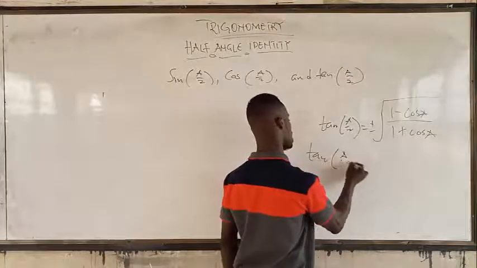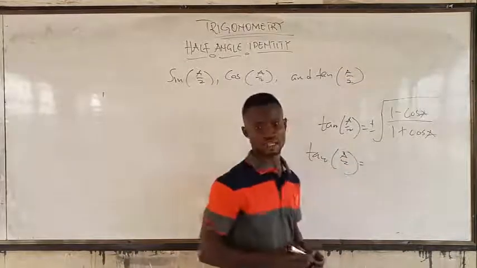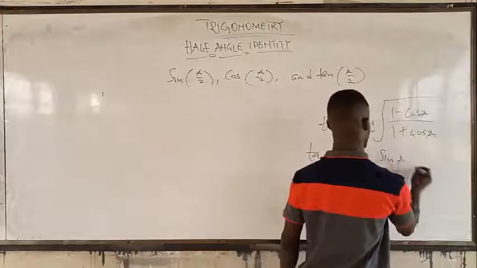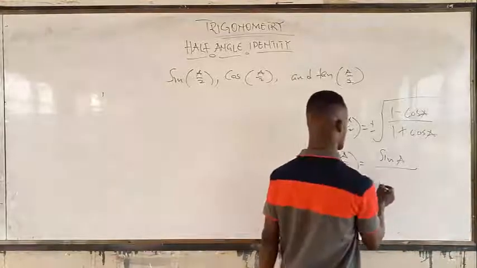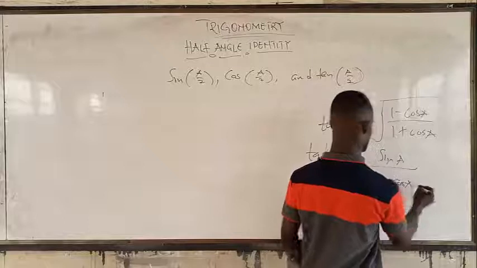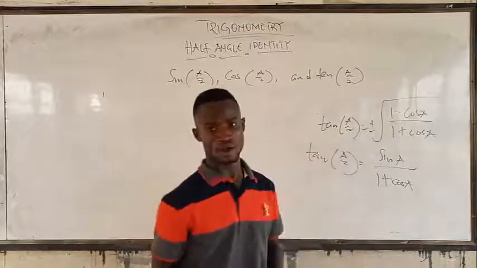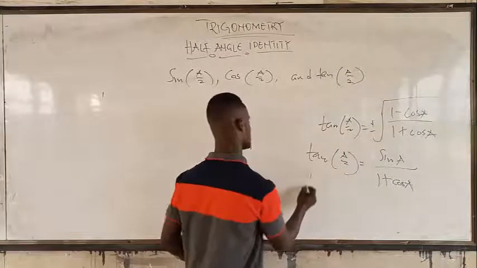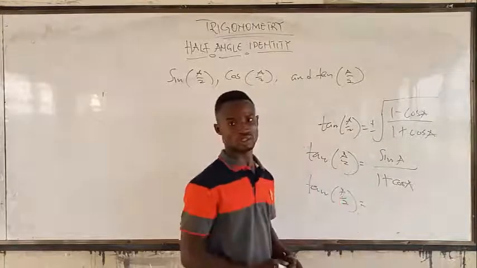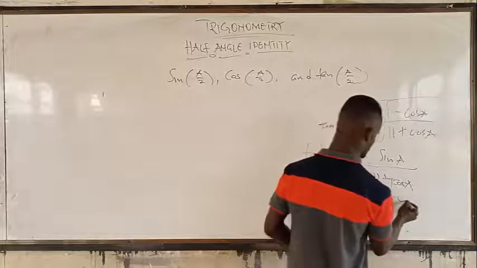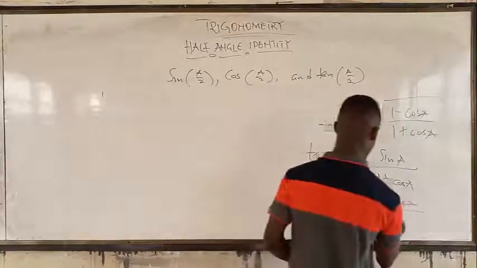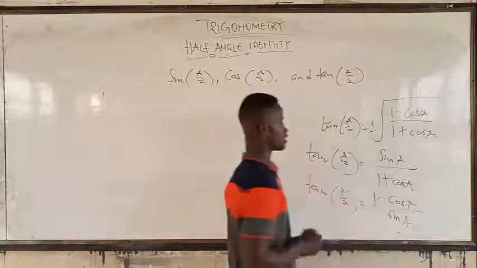So tan A over 2, we can also get it to be equal to sine A over 1 plus cos A. And tan A over 2 can also be equal to 1 minus cos A over sine A. Very good.